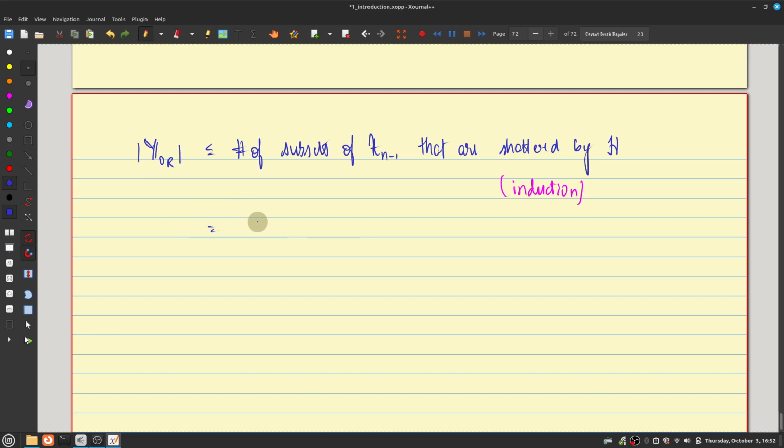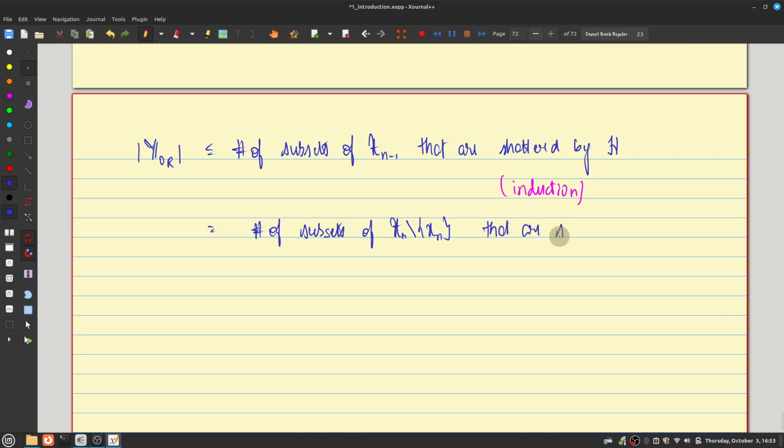I can say that it's equal to the number of subsets of Xn minus the last element, because that's what xn minus 1 is, right? That are shattered by H.